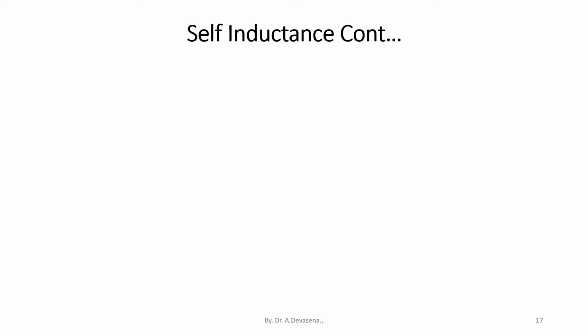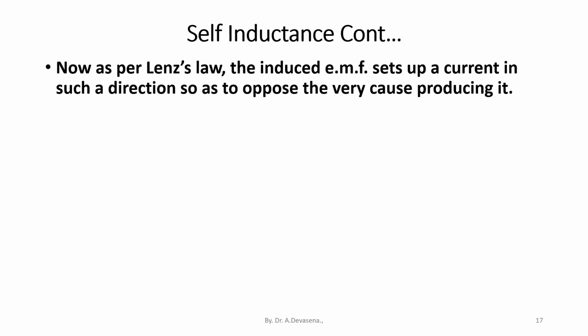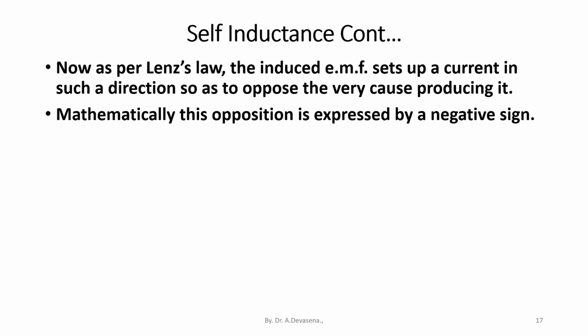Now, as per Lenz's law, the induced EMF sets up a current in such a direction so as to oppose the very cause producing it. Mathematically, this opposition is expressed by a negative sign.